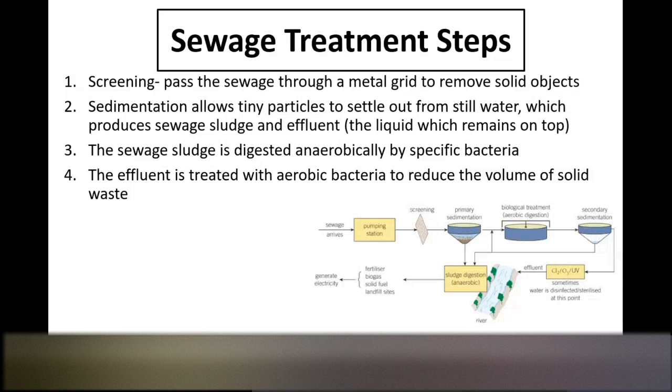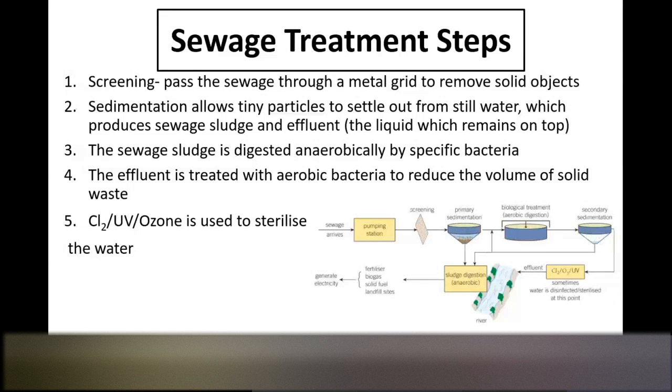And what that does is that breaks down any other microbes that may be present to reduce the volume of the solid waste. So we now have effluent that has been treated, and we also have sewage sludge, which has been treated. So we've got those two parts.